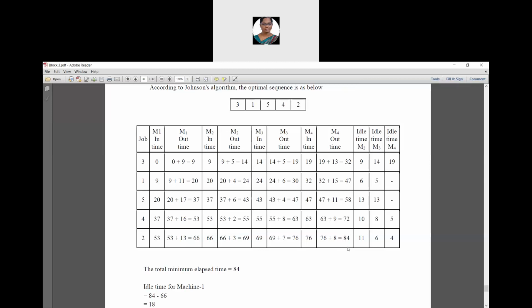Then the ideal time for machine 1 is calculated by total elapsed time 84 minus the last out value of M1, 66. It is 18.